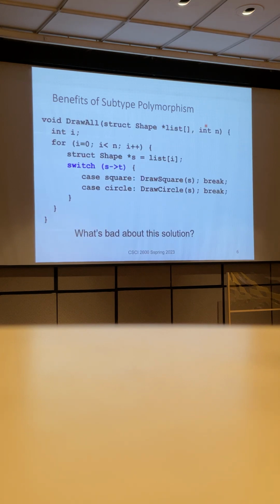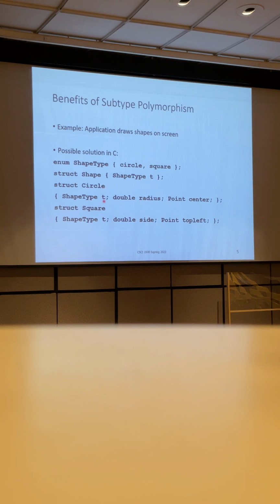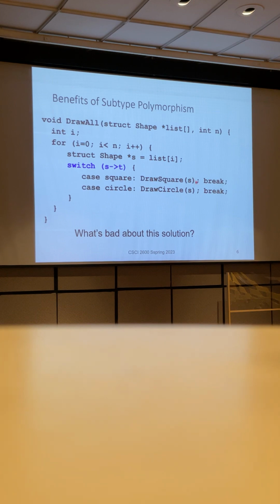So what we would have to do is analyze the specific type of the first element of our struct, the shape type, and depending on whether this T is a circle or a square, invoke a different method. Okay? So we cannot, even if the code for drawing a square is very similar or even exactly the same as draw a circle, we would still have to have two methods, draw a circle, draw a square. Right? We cannot capture the similarity between the shapes, and of course this is not good.